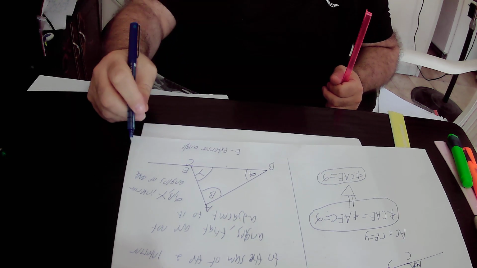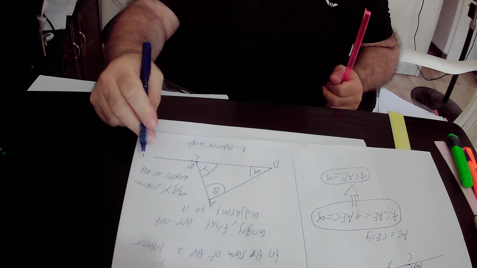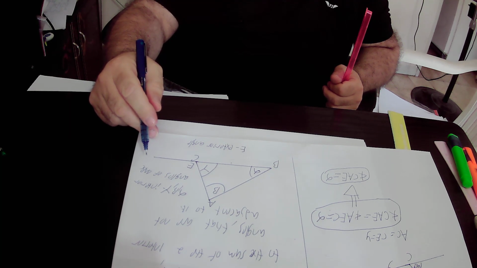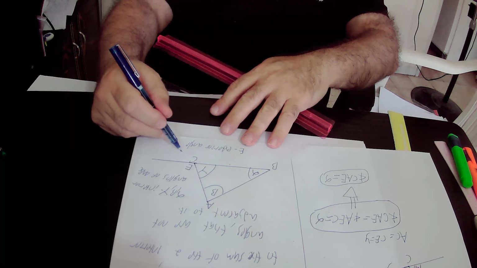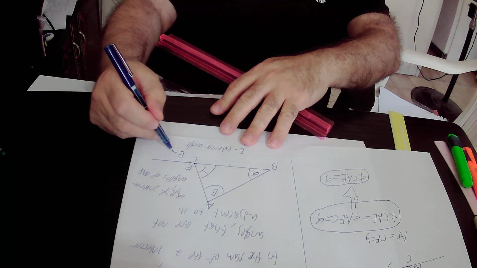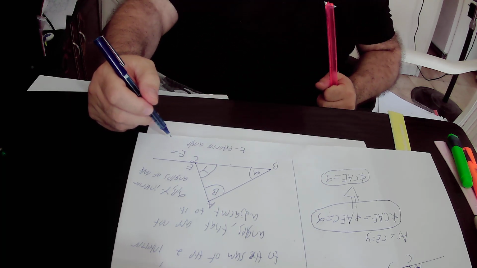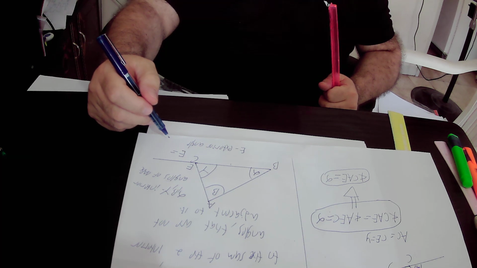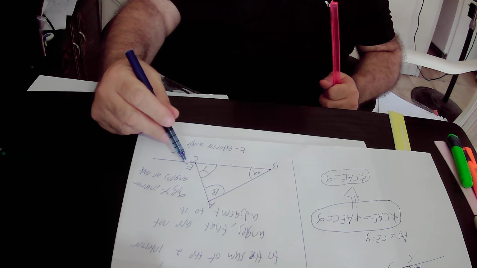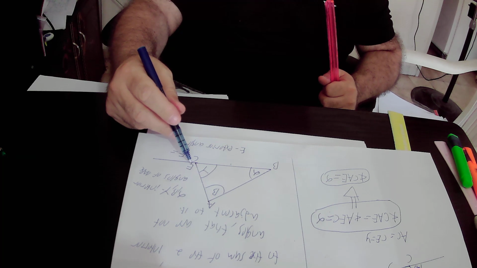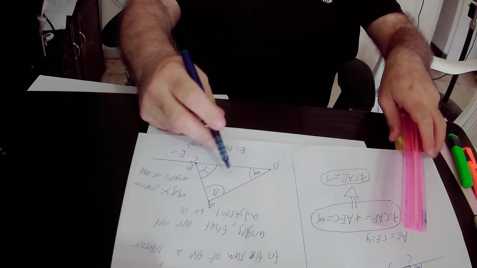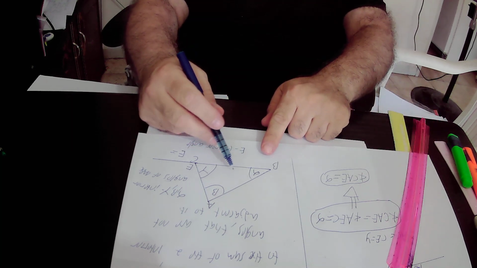And according to the exterior angle theorem, an exterior angle of a triangle, that is to say angle E, is equal to the sum of the two interior angles that are not adjacent to it. Here angle gamma is adjacent to angle E. And the two other interior angles that are not adjacent to it are alpha and beta. The sum of those two angles is alpha plus beta.